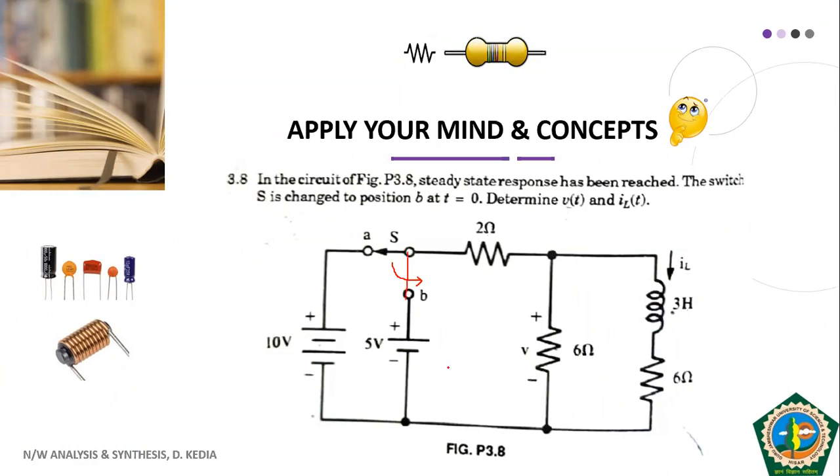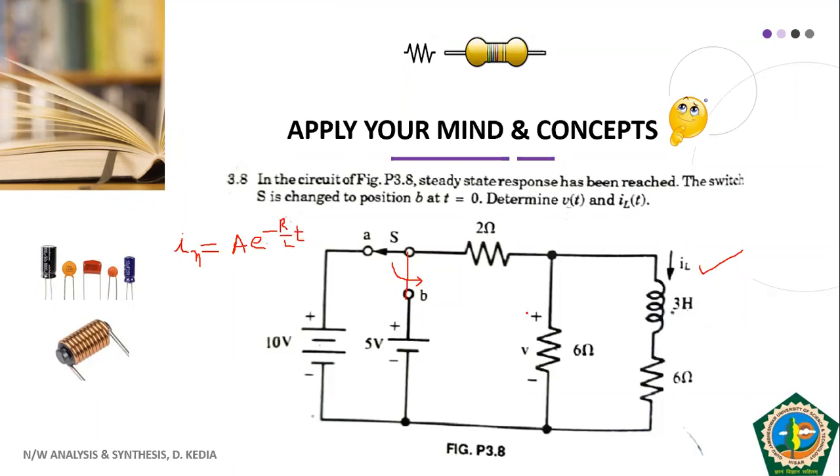Under this condition, we have to find the current response of this inductor. We already know that first we need to find the natural response. The natural response will be of the form A e raised to power minus R by L into t.